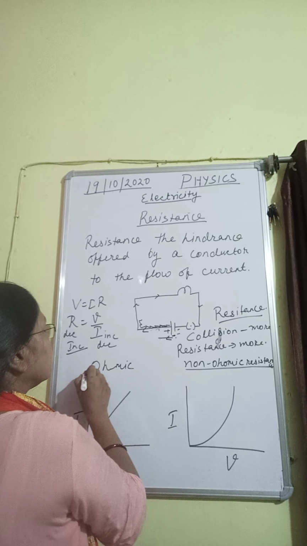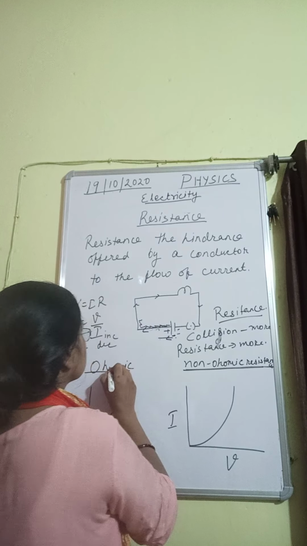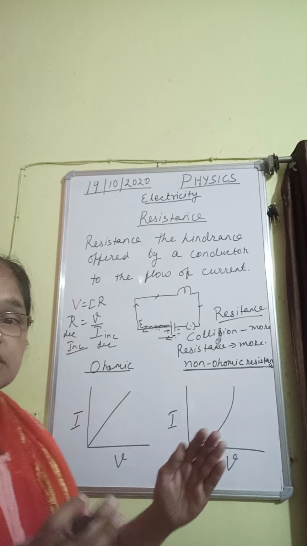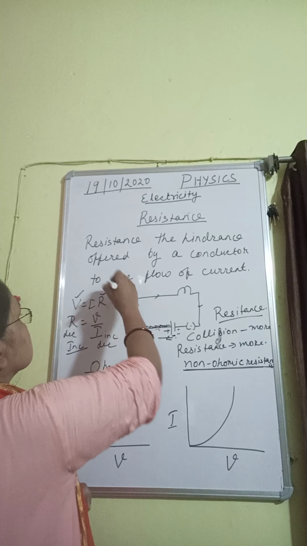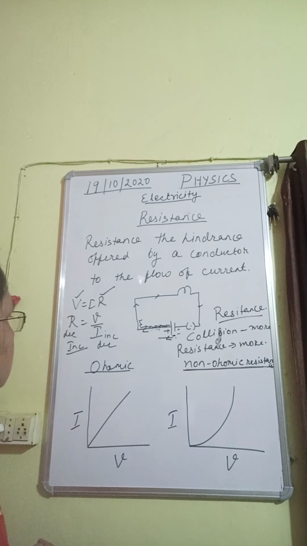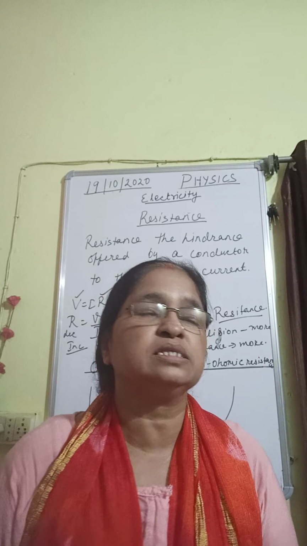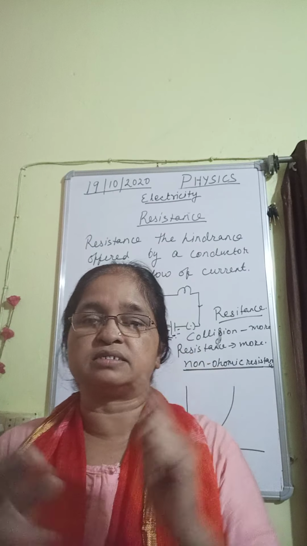One is ohmic resistance and another is non-ohmic resistance. If we plot the graph of V and I, what will we find? Students, I think I have taught you that in plotting a graph, we have to take care of the x-axis and y-axis.